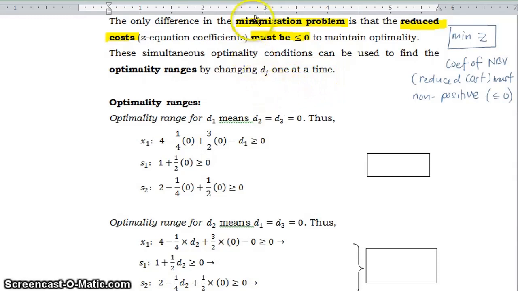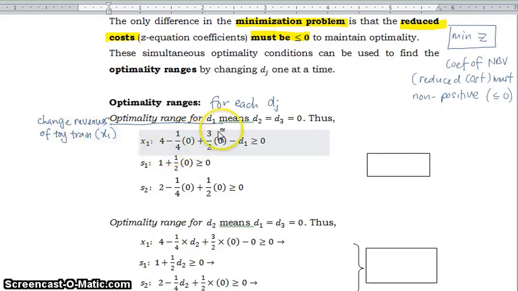The optimality range for each Dj: the optimality range for D1 means Toyco only changed the revenue of toy train X1.